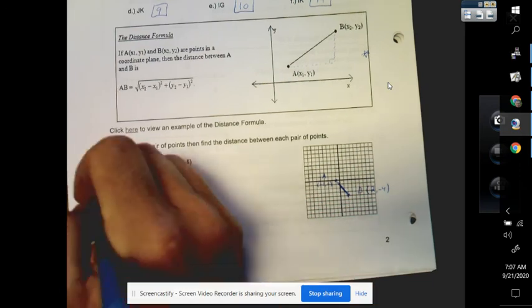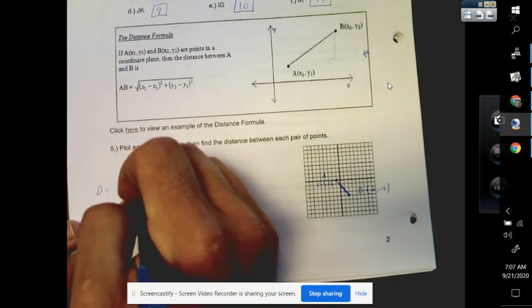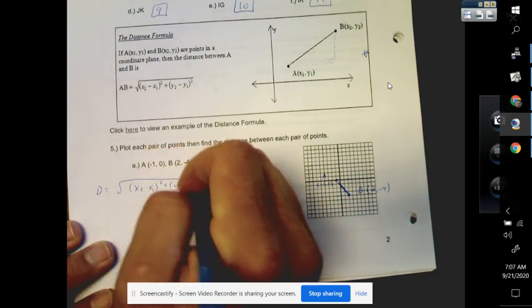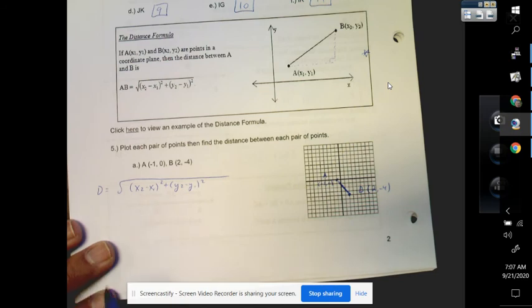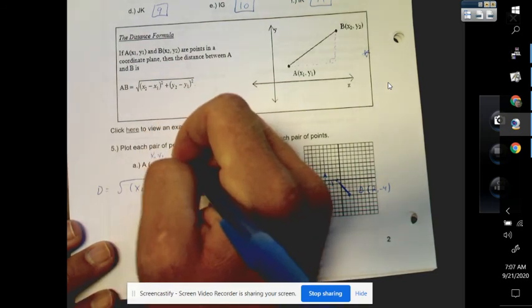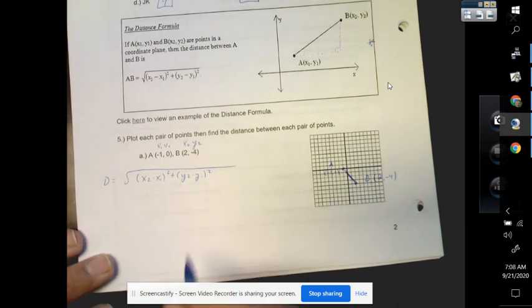Well, here's my distance formula. X sub 2 minus x sub 1 squared plus y sub 2 minus y sub 1 squared. I'm going to make A x sub 1, y sub 1. I'm going to make B x sub 2, y sub 2. And we're going to plug everything right into this formula. What you see is what you get.